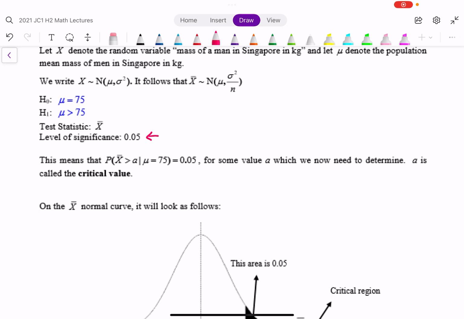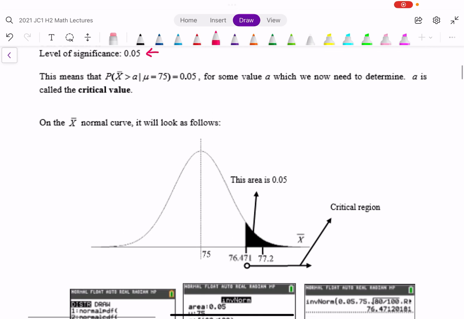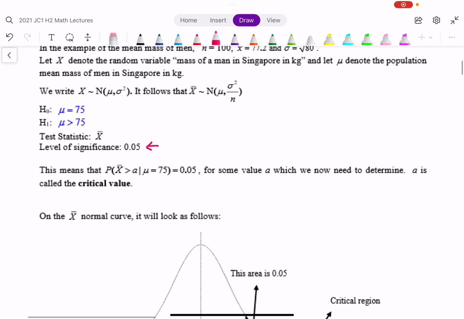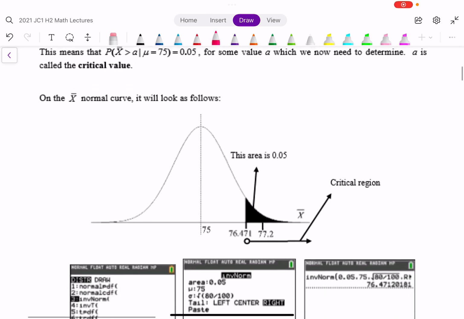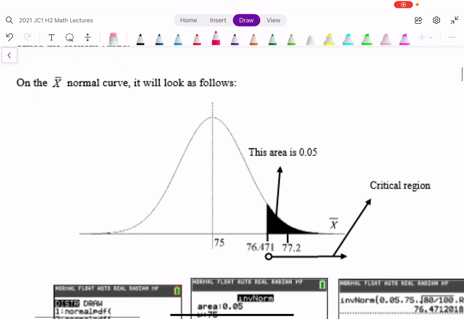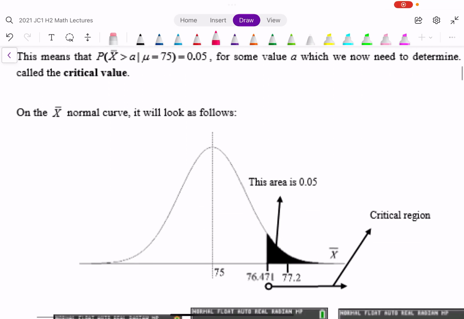To understand this better, let us take a look at the normal curve that we have here. This is the normal curve for X bar. We know that our mean is 75, which means the center of your normal curve is at 75. Also, our H1 is a right tail test, so that means my critical region is on the right hand side.